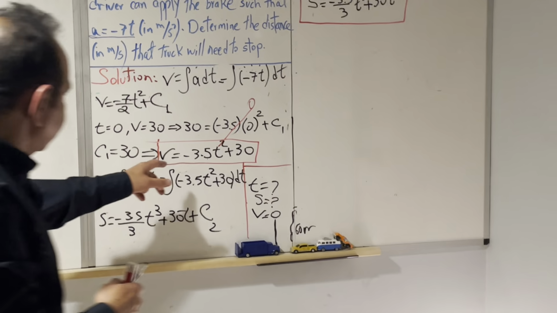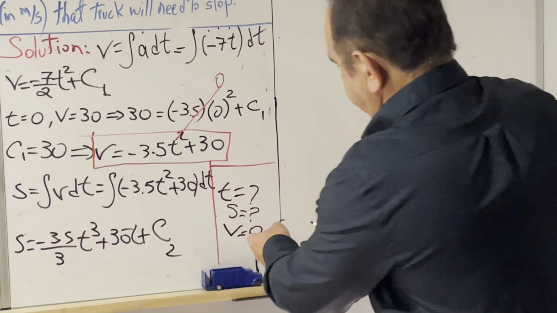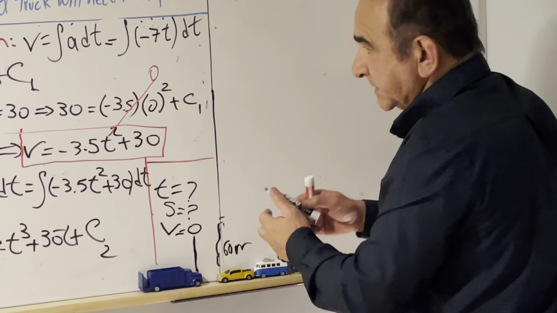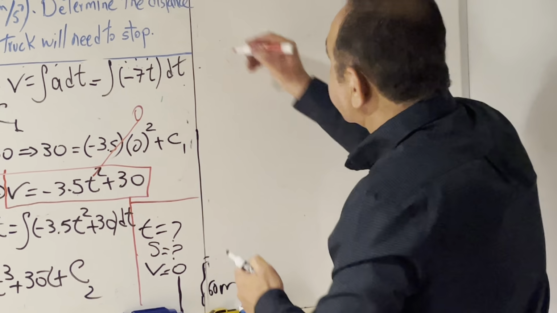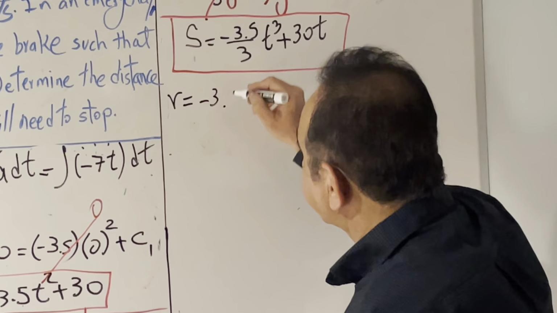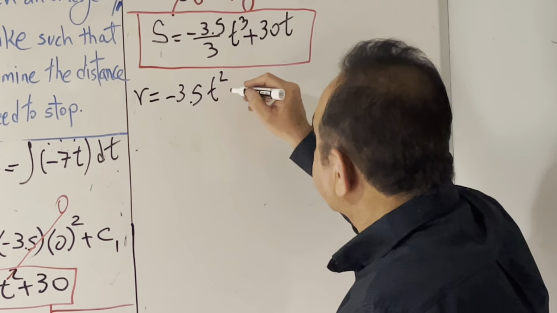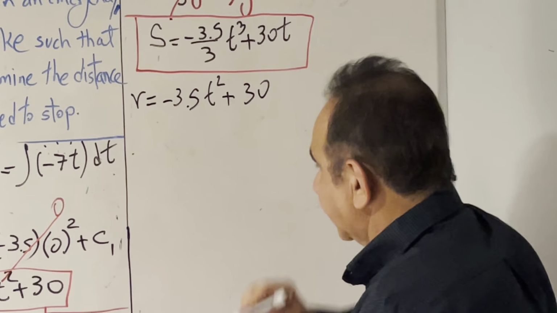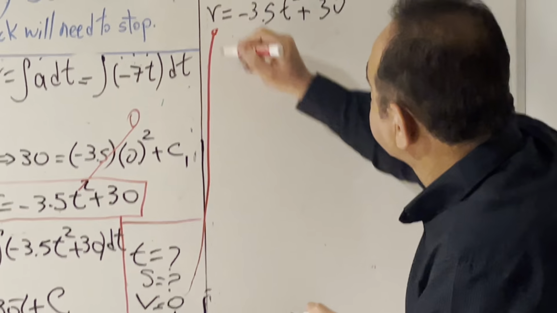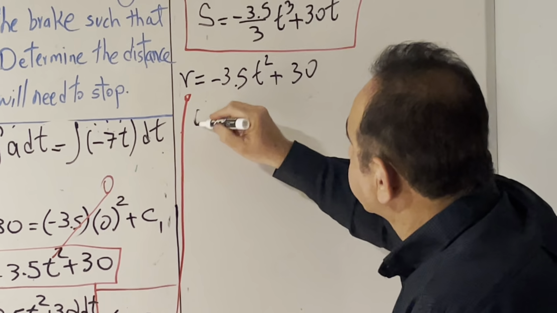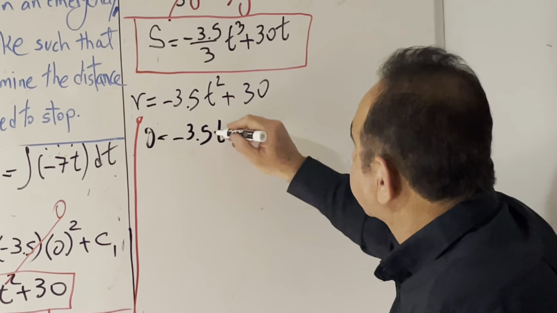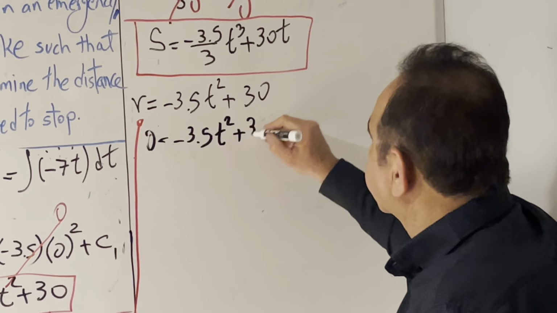We have the equation of velocity here. The velocity is 0 at the final point, so we can use this equation. Velocity is equal to minus 3.5 t squared plus 30. And we have this information, V is 0, so 0 is equal to minus 3.5 t squared plus 30.